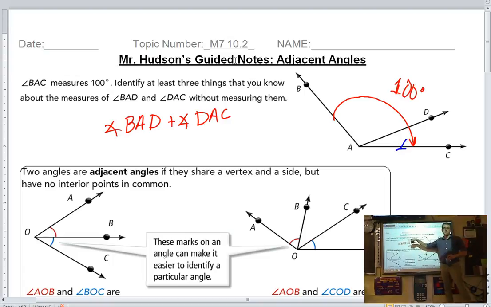Why am I putting a little arc through my angle symbol? Because it indicates that I'm talking about size. I'm not just naming it, I'm talking about the size of it. Together, they equal 100 degrees.